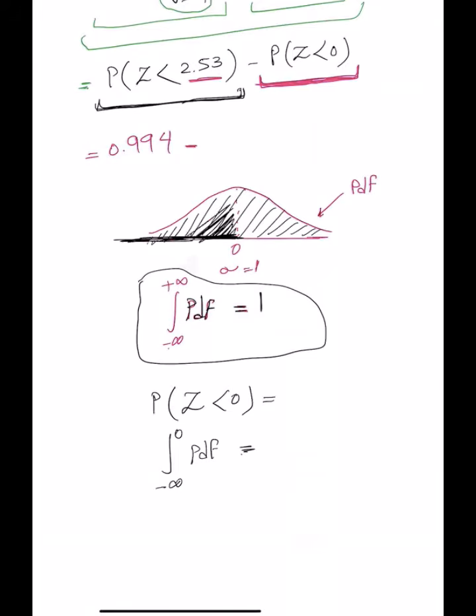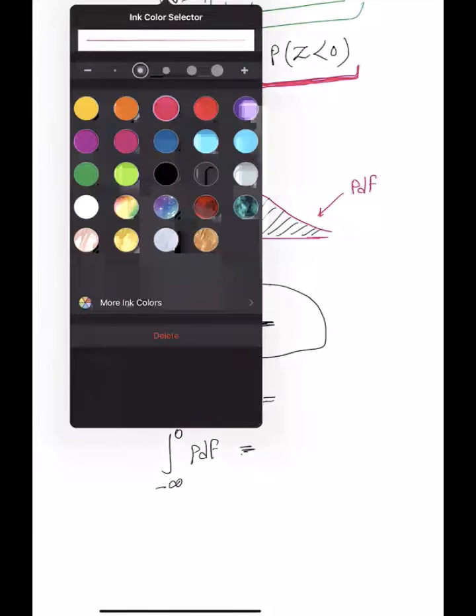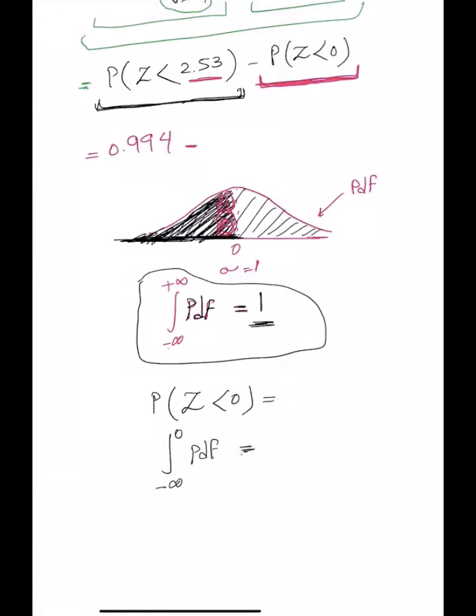This part. What do you think is that value, given the fact that you know the whole area under the curve is 1? So this area is half of that area. So what do you expect that to be? 0.5.